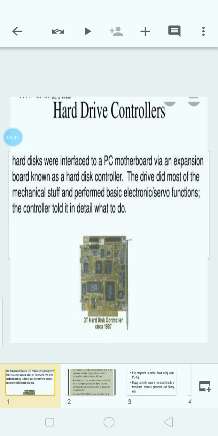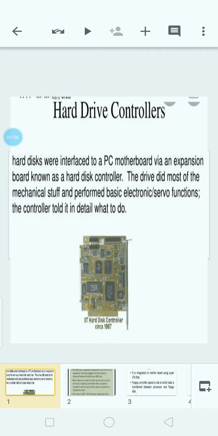A hard disk controller's primary function is to translate the instructions received from the computer into something that can be understood by the hard disk and vice versa. It consists of an expansion board and its related circuitry, which is usually attached directly to the backside of the hard disk.